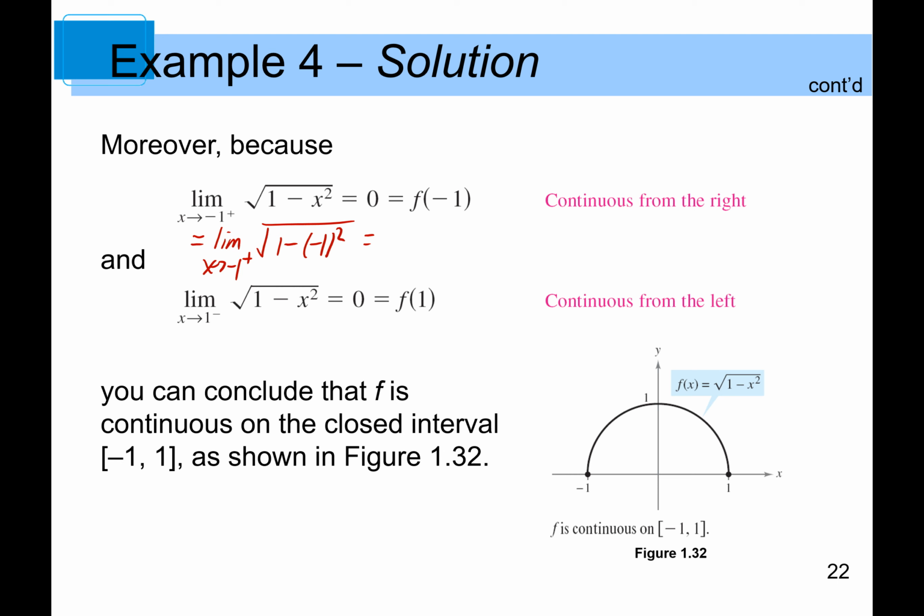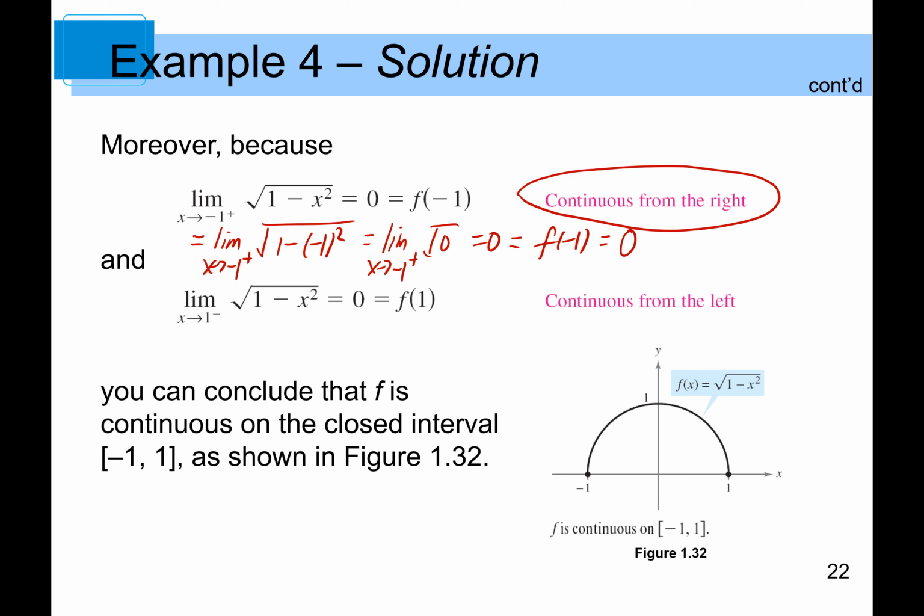We have the limit as x approaches -1 from the right equals the square root of 0, which is 0, right? And then this equals f of -1. f of -1 is also 0. So that means it's continuous from the right.